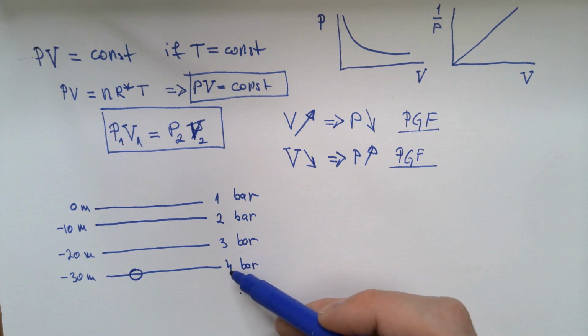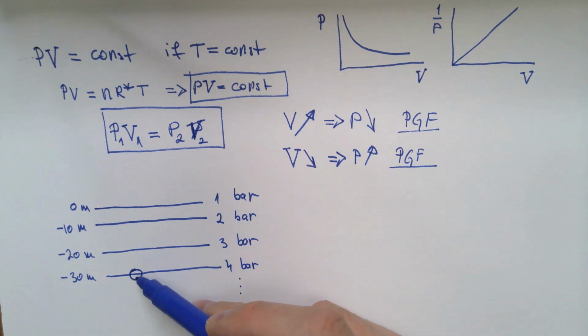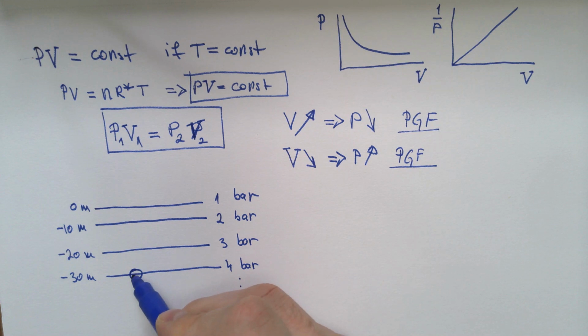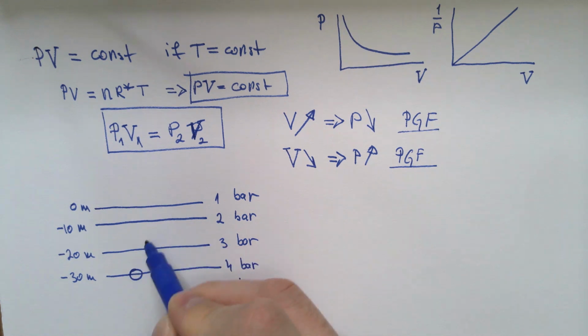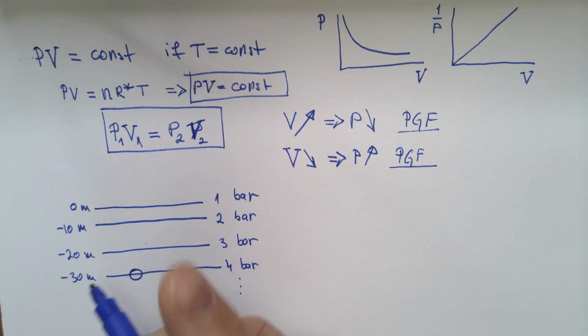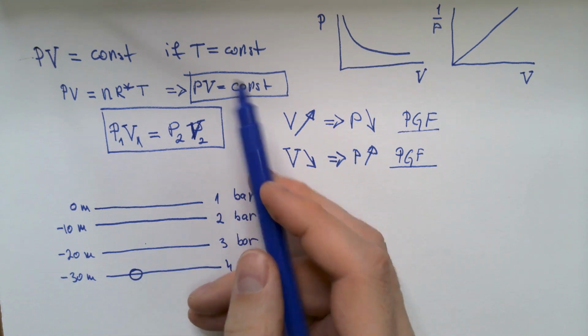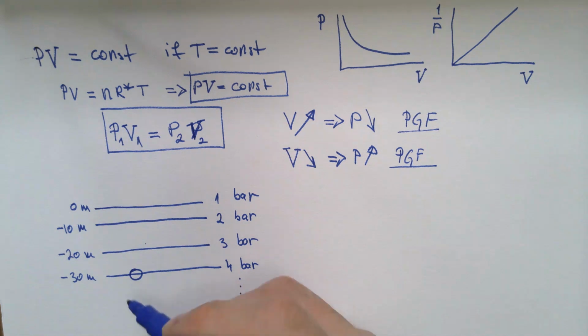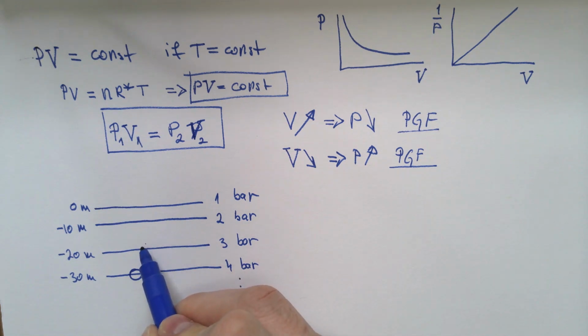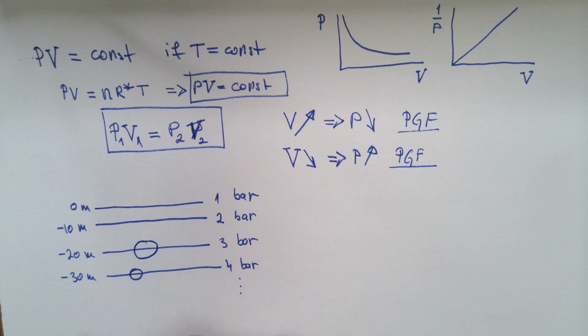Now, imagine you take air at 4 bars, and you start ascending, you go to 20 meters, and you don't breathe, you keep this air. Well, assuming the temperature is constant, which is a good assumption, then as pressure is decreasing, volume of the gas is increasing.